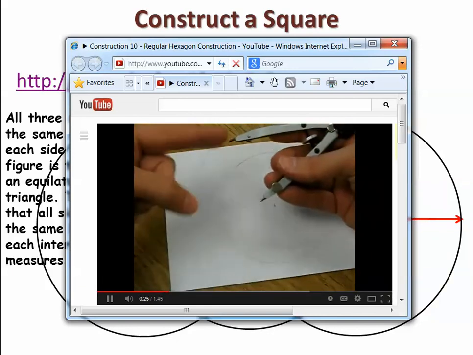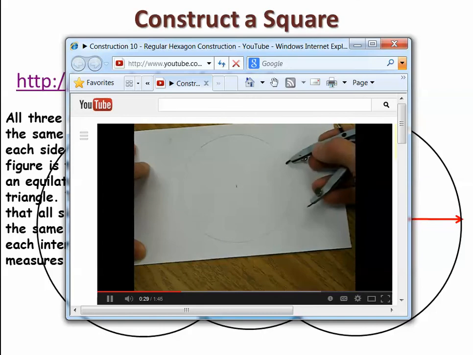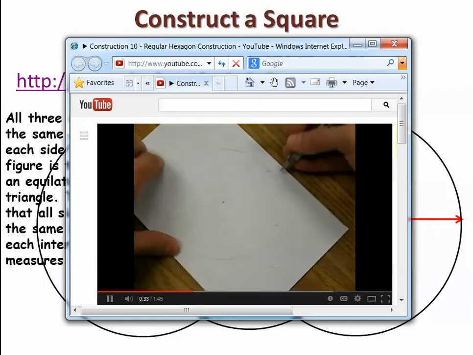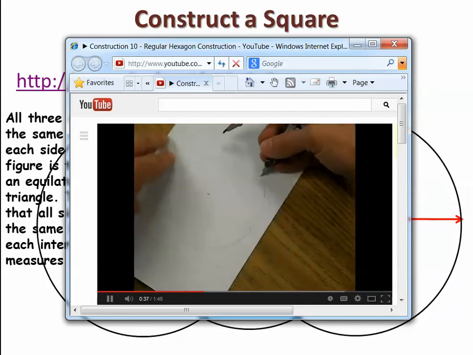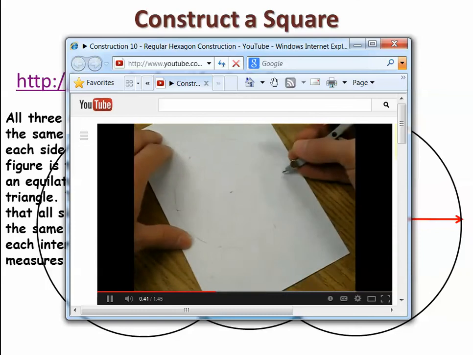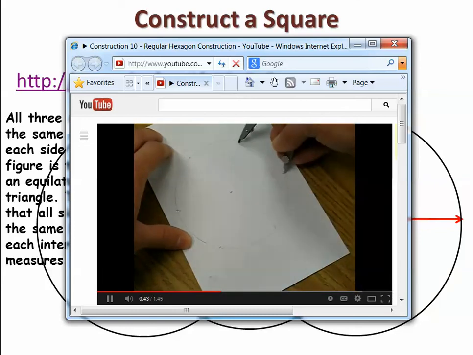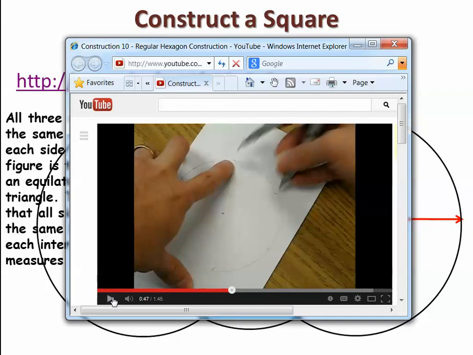Alright, so this is going to also be the length of my side. So I can place any point on my circle and walk my compass around the edge, making 6 congruent markings. Now, if you do this very accurately, your last one should land on the one you started with.